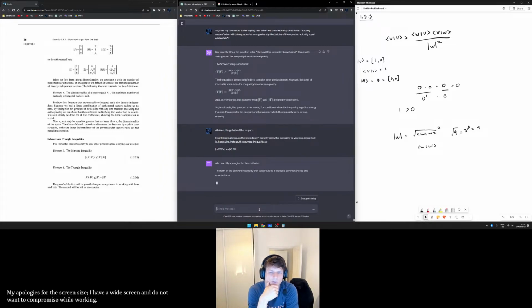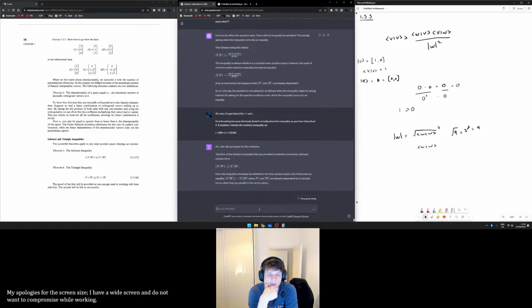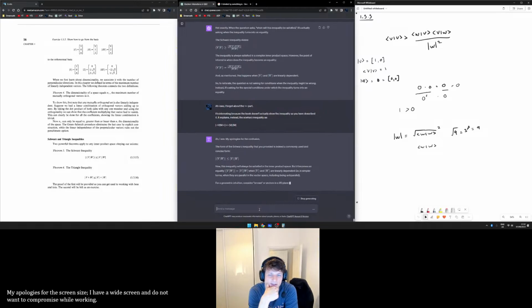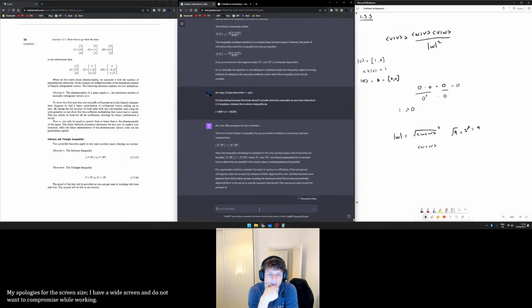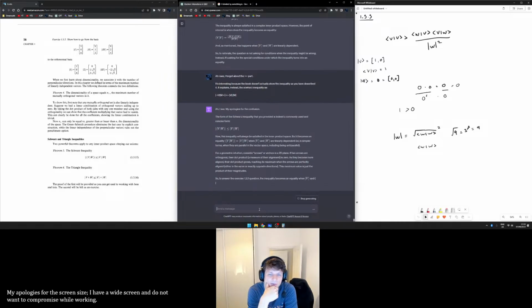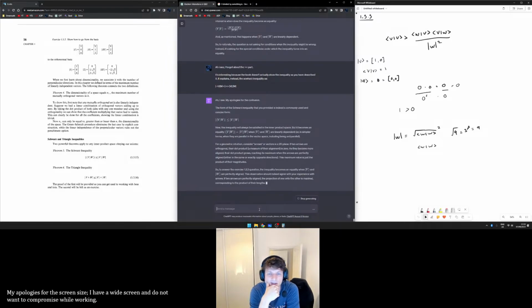The form of the Schwarz inequality that you provided is indeed a commonly used and concise form. Now, this inequality will always be satisfied in the inner product space, but it becomes an equality when v and w are linearly dependent, or in simpler terms, when they are parallel in the vector space, including being anti-parallel, pointing the other way.